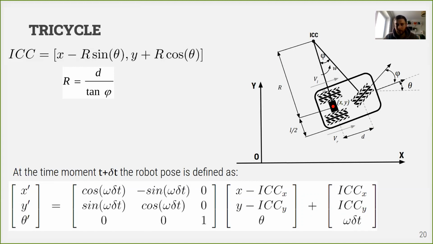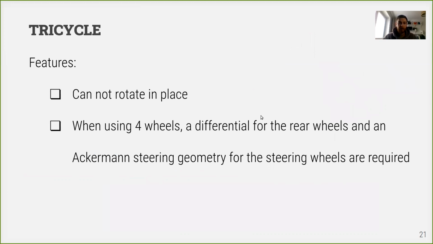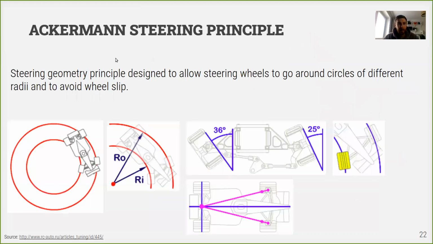This is because on the turns they will have to rotate with different speeds, and that is why they're detached from one another, and this is called a differential, in cars at least. And the Ackermann steering principle, which we started to discuss, is a steering geometry principle designed to allow steering wheels to go around circles of different radius and to avoid slippage.